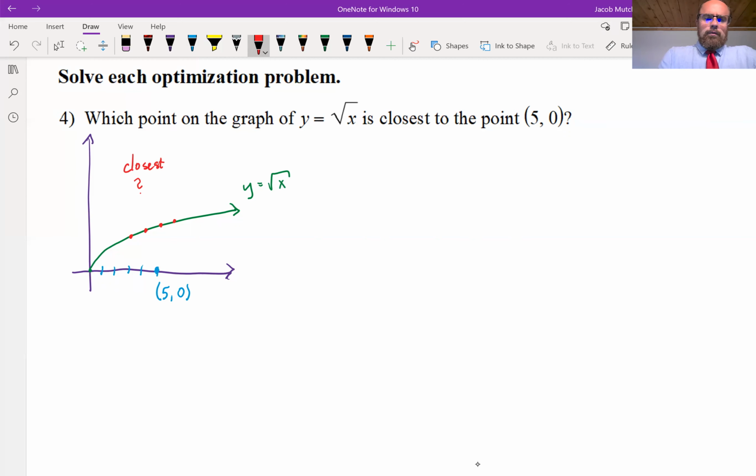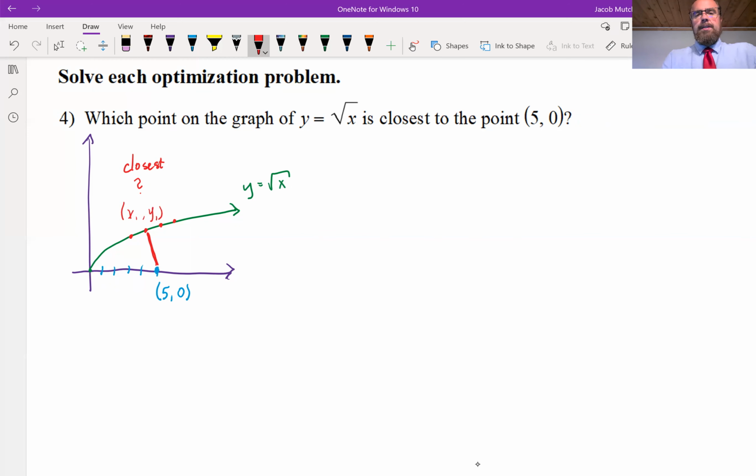So the idea is we're really looking for some distance, and I want to find the point that is presenting the shortest distance between 5, 0 and the green curve. So on the green curve, I'll note whatever the point is, that's going to be x1, y1.